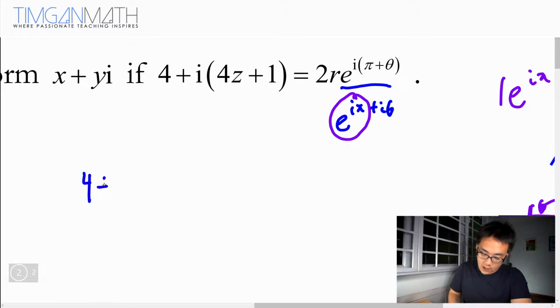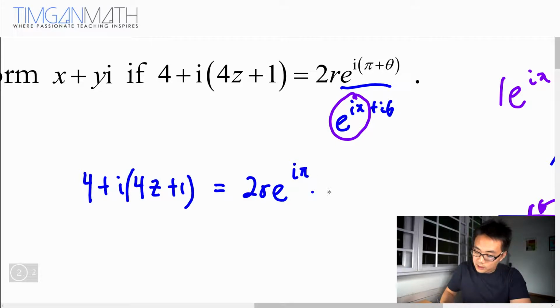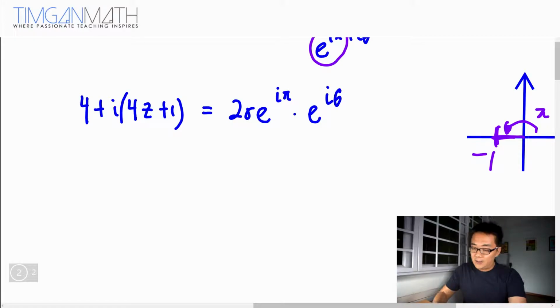I know that this is 4iz plus 1. So to do it quickly, I'm going to split this up using normal indices. And I know that e^(iπ), which is this one, would register -1, and it happens that this over here, re^(iθ), is my z.